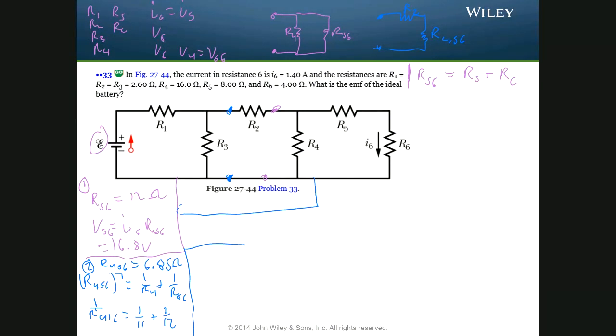We'll have that V456 is going to equal I456 times R456, right?